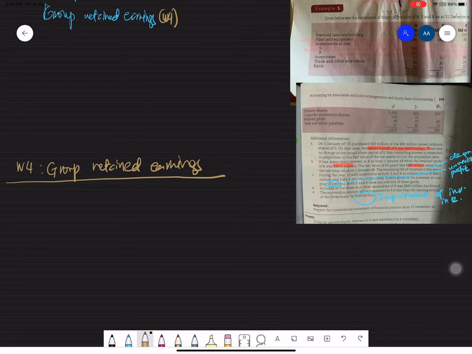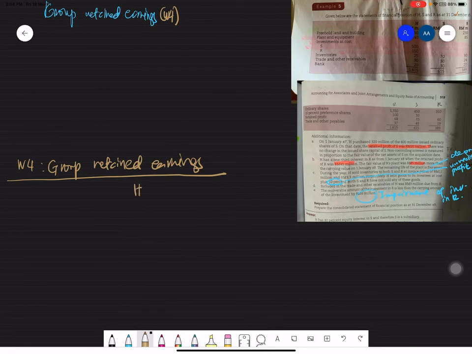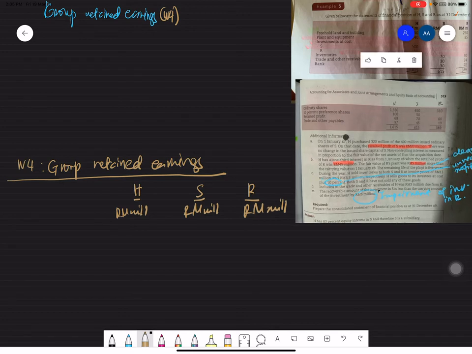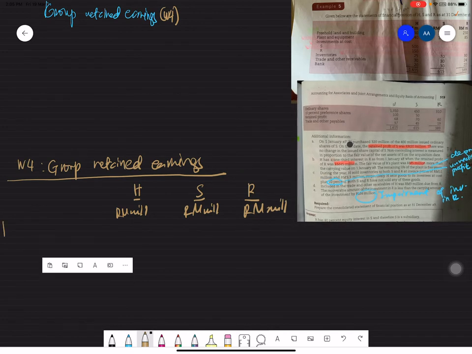So we take H. There is a column for H, a column for S, and a column for R, in million. We always start with retained earnings per question.